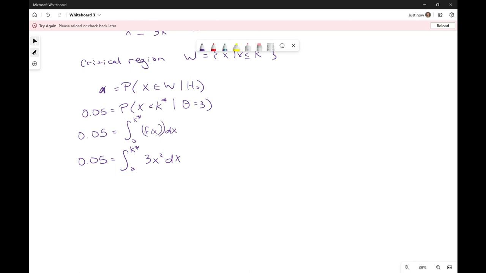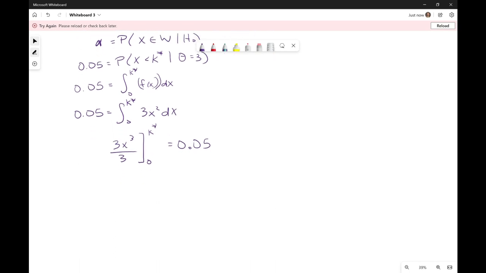Let's integrate this. So I have 3x cubed over 3 integrated from 0 to K star is going to be equal to my 0.05. Well, the 3's reduce out. I plug in my K star here. Of course, 0 cubed is still going to be 0. So I actually have K star cubed is equal to 0.05.